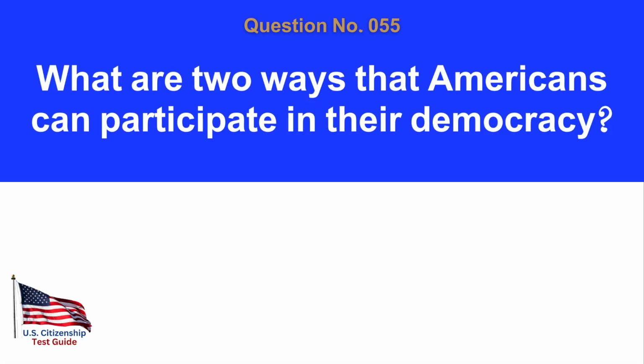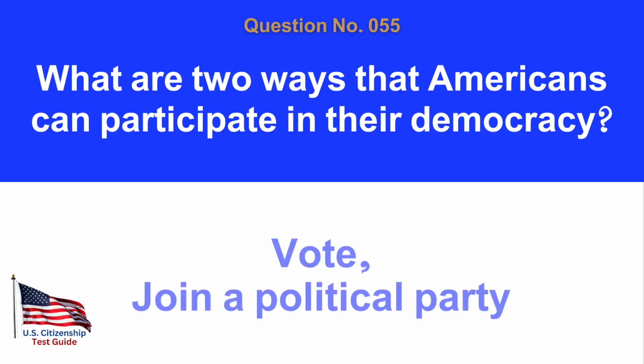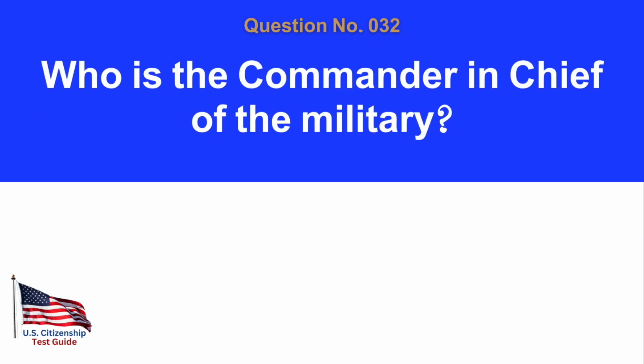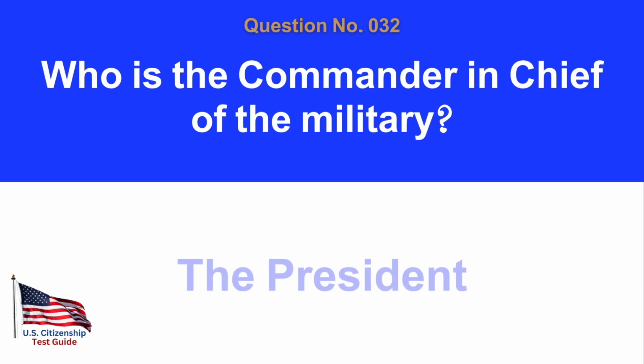What are two ways that Americans can participate in their democracy? Vote. Join a political party. Who is the commander-in-chief of the military? The President.